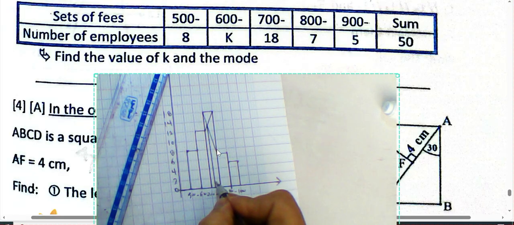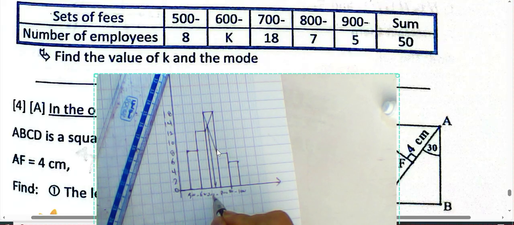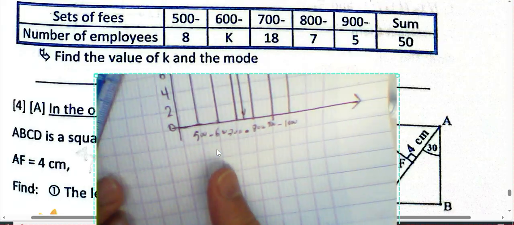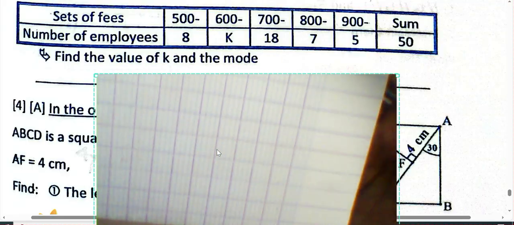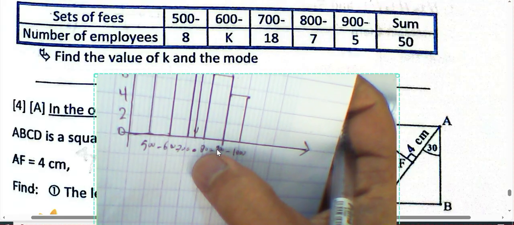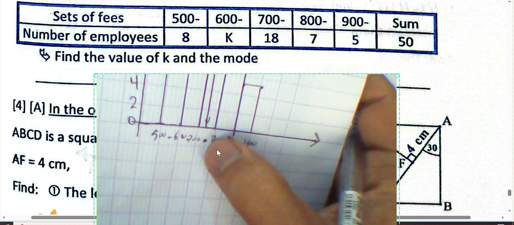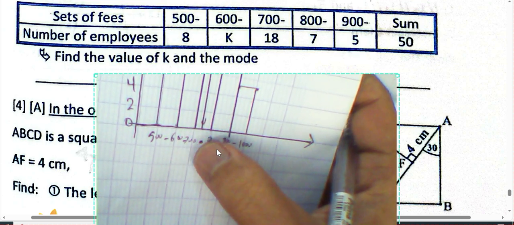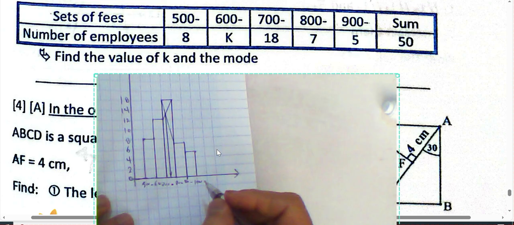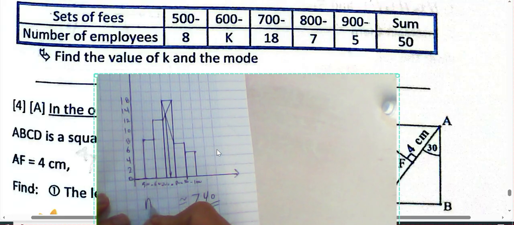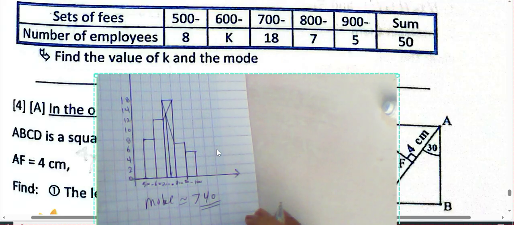Then the mode will lie between 700 and 800. The mode will be what? Look here, this number 700, and we have 50, next to 740. The mode will be 740. Nearest to 740.